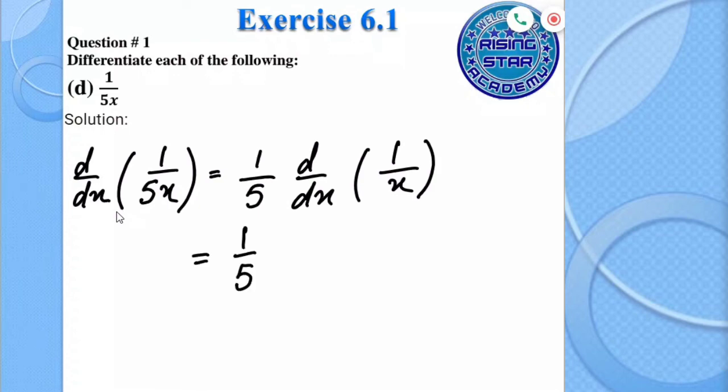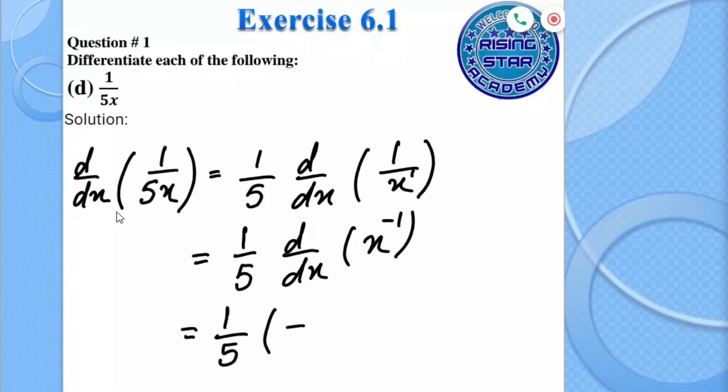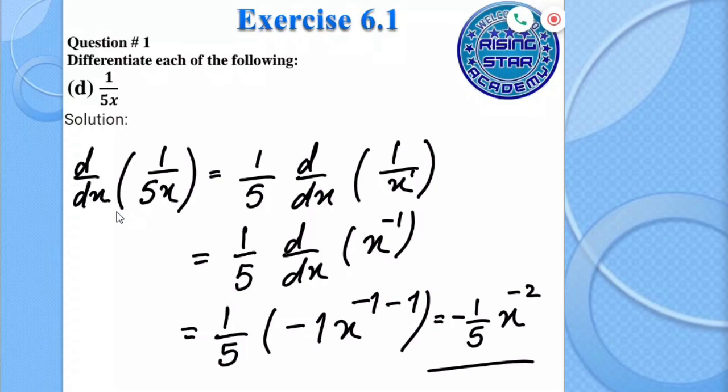Now we will take this variable into the numerator having the power of negative 1 because here is power of 1. Now we will apply the power rule on it. So we have negative 1, x to the power of negative 1 minus 1 for the formula. So we have 1 over 5, and when 1 over 5 is multiplying with minus 1, so that is minus 1 over 5 x to the power of minus 2, that is our answer.